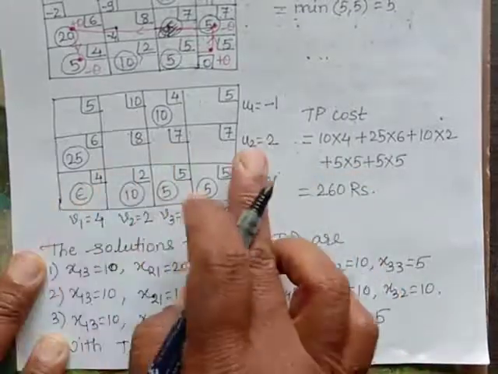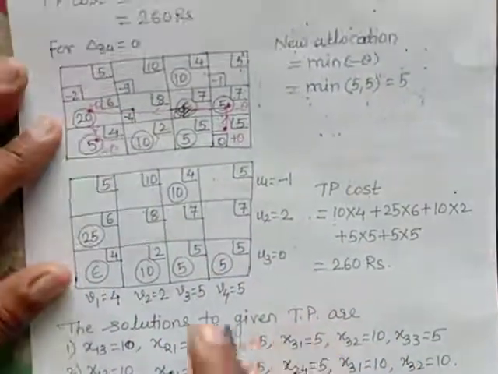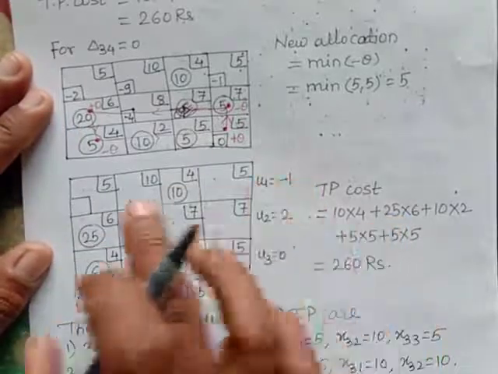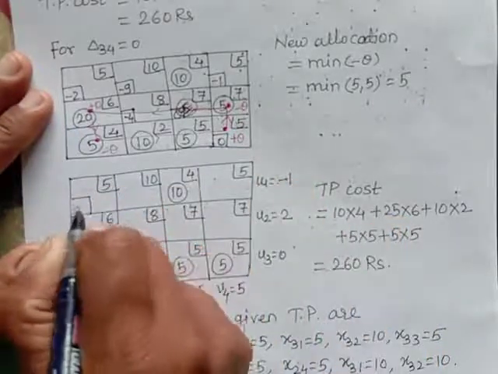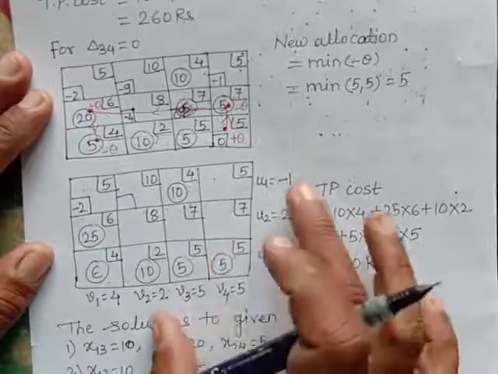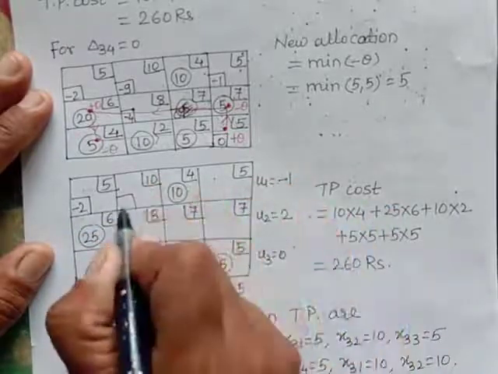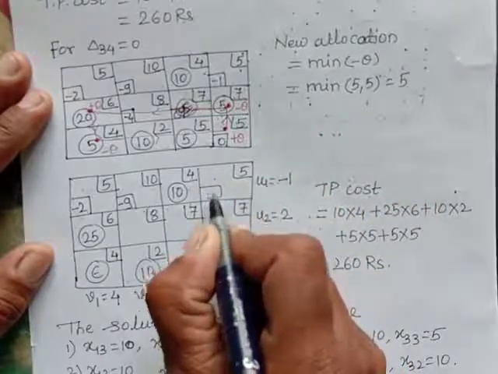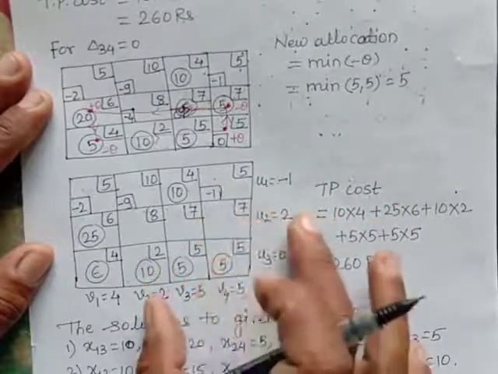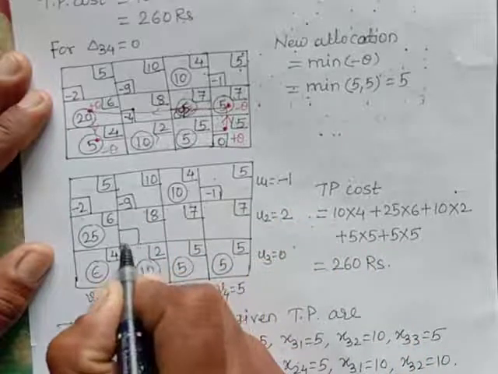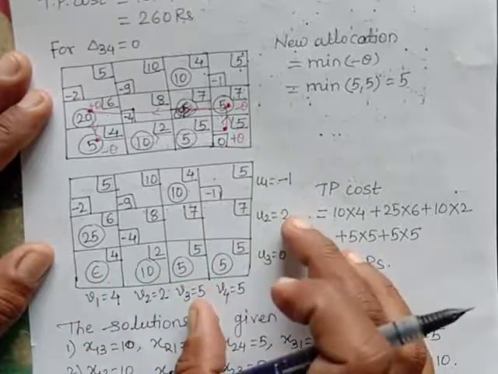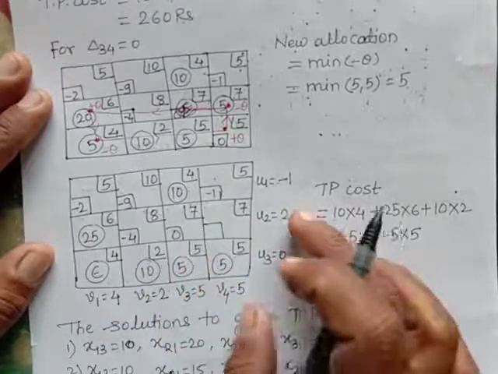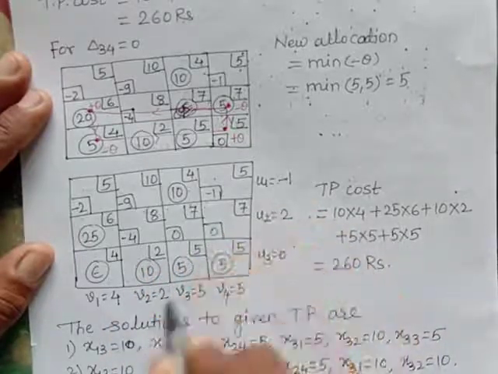So using that we can determine delta ij. So now here 4 minus 1 will be 3, 3 minus 5 will be what? Minus 2 again. Next, this is 1, 1 minus 10 is how much? Minus 9. This is 4, 4 minus 5 is minus 1. Here 4, 4 minus 8 is how much? Minus 4. Here 7 minus 7 is what? 0. And here again 7 minus 7 is again 0.